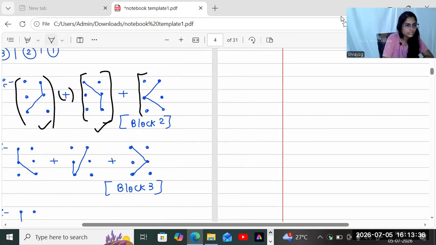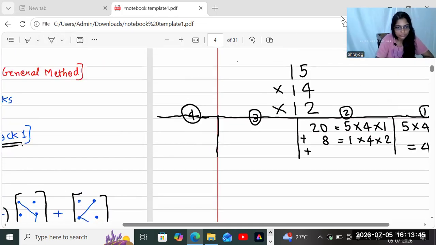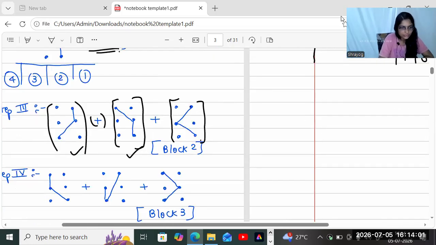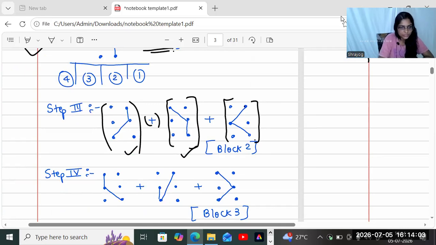Now moving towards the last step of block 2 of step 3. Here on these dots, I have to multiply the numbers placed on them. I could see 5, 1 and 2. So 5 multiplied by 1 multiplied by 2, I get 10. Now, after completing all of this, here in the bracket it's written block 2.